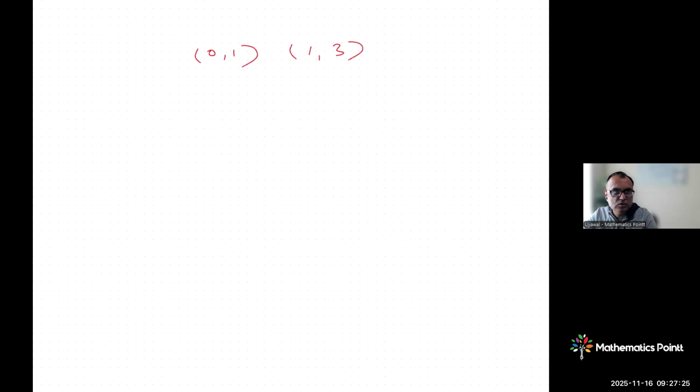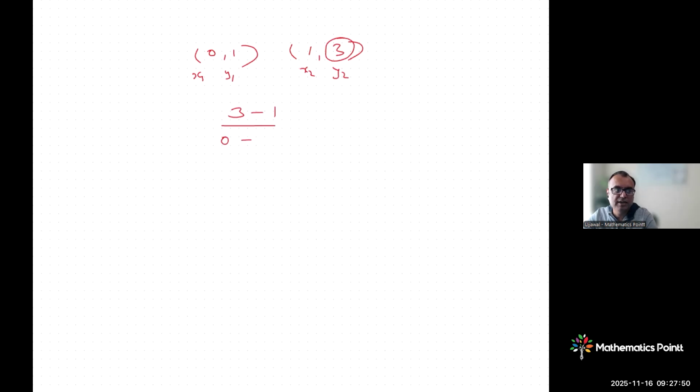Let's say this is x1, y1, x2, y2. What kids do is they say change in y, 3 take away 1 over 0 take away 1.